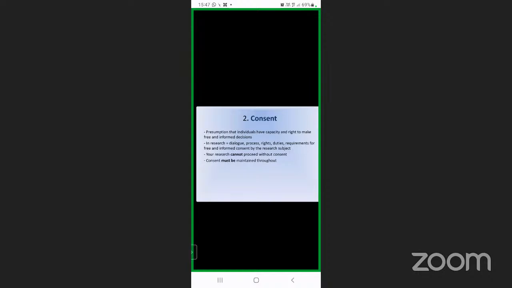All these parameters will be collected with the consent of that society, the government, and that particular person. If we see the assumption, the individual has the capacity and right to make free and informed decisions.